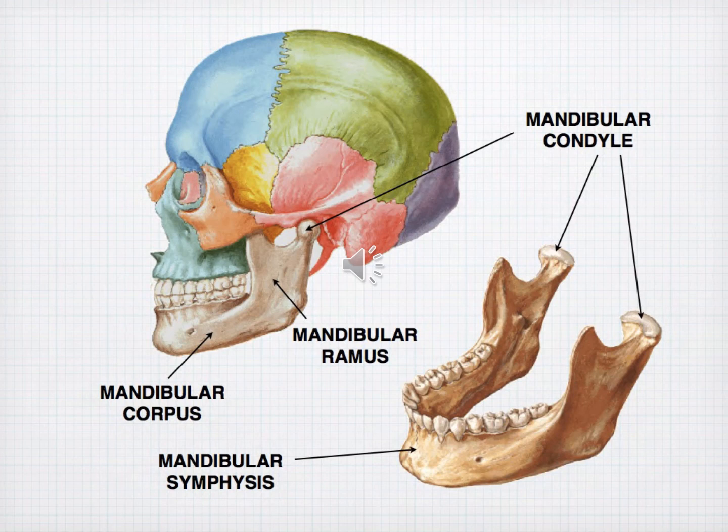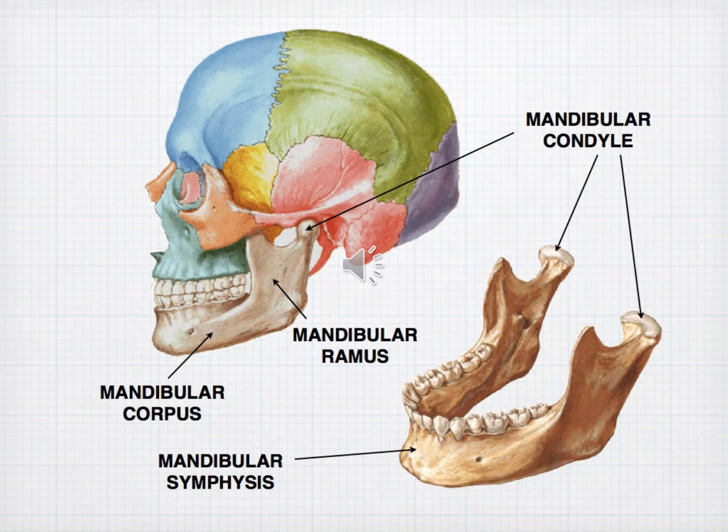The mandibular symphysis or mental eminence is sexually dimorphic in a way that males typically have square chins, and you'll have more bony protrusion, much more robust in that center anterior portion of the chin.